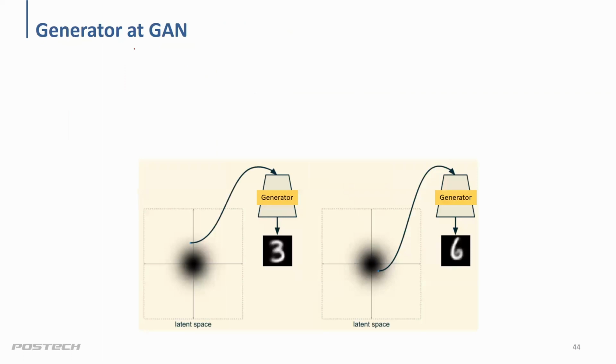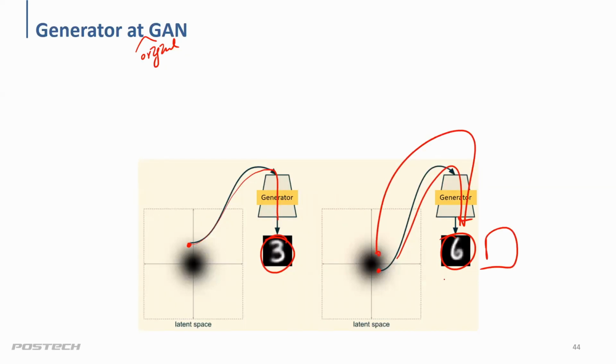For the generator in the original GAN, we do random sampling. Suppose we get data points from here, then from the generator we probably generate a digit 3. If we take something over there, we get a 6, and from there, other digits. That's what the generator does.